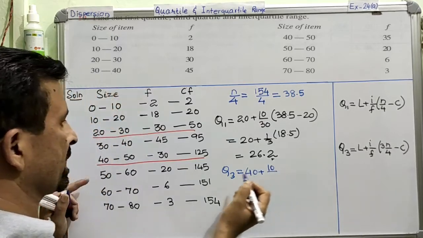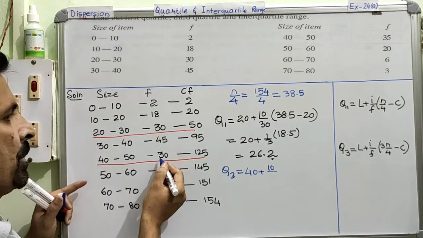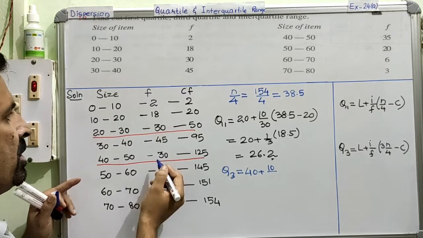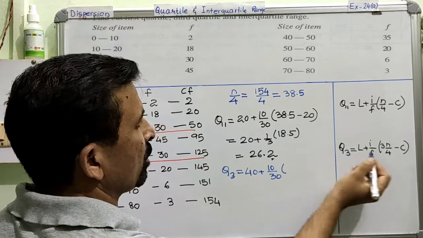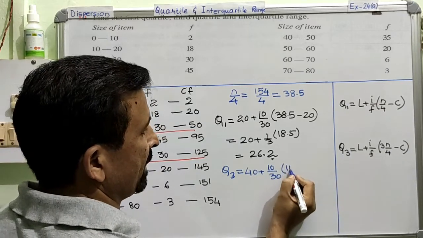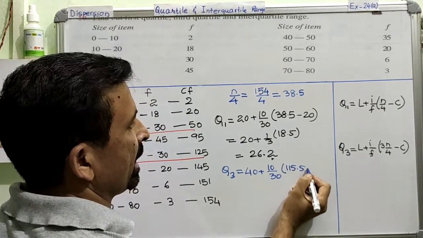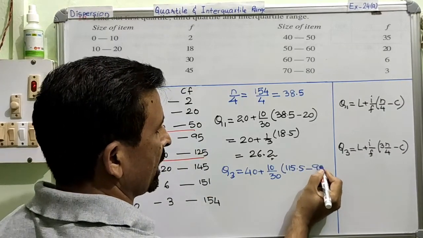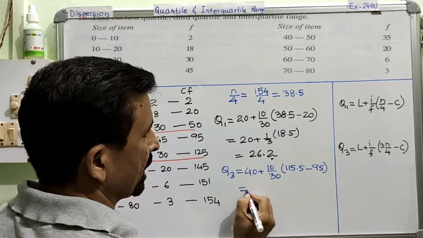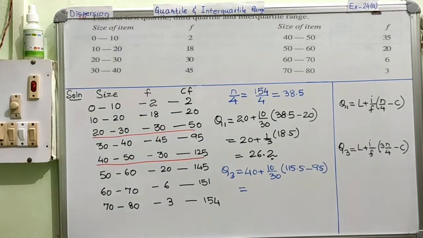Then the frequency of that class interval is how much? 30. Here also 30. And now this we calculated 115.5, minus the previous cumulative frequency, which is 95. Clear?